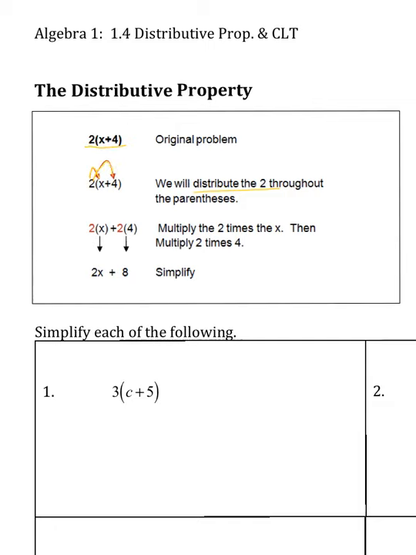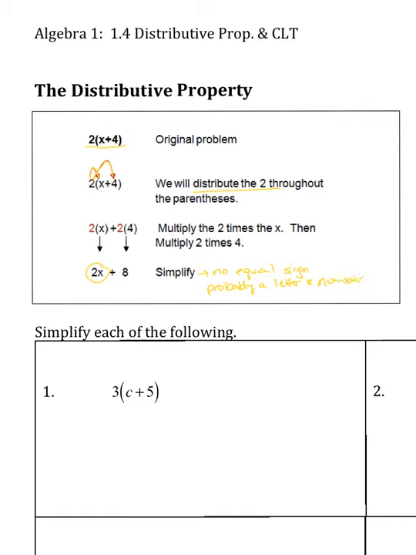So 2 times x is 2x. Remember I told you that a few lessons ago. When you write a number by a letter, it means multiply. And 2 times 4 is 8. Now when we mean simplify, that means no equal sign and probably a letter and number.